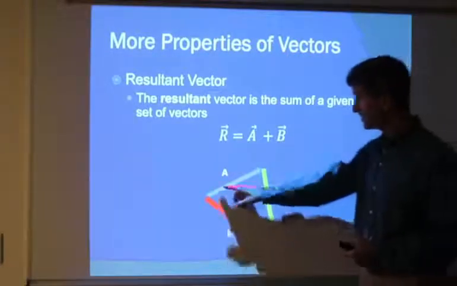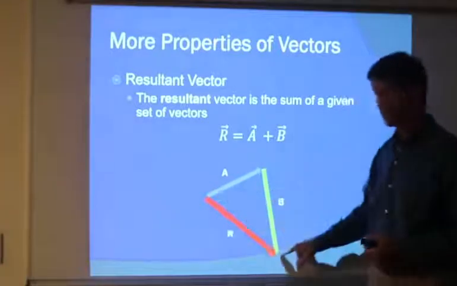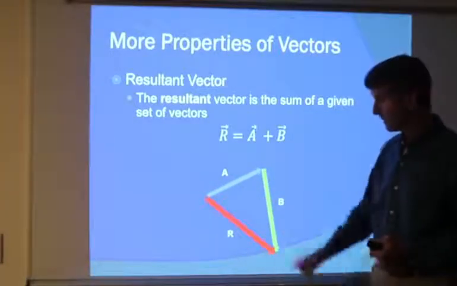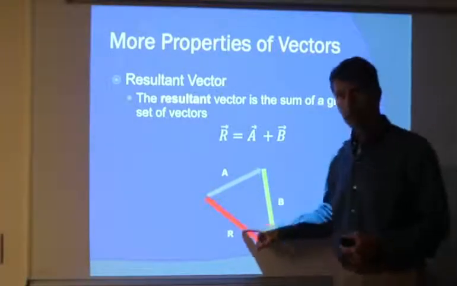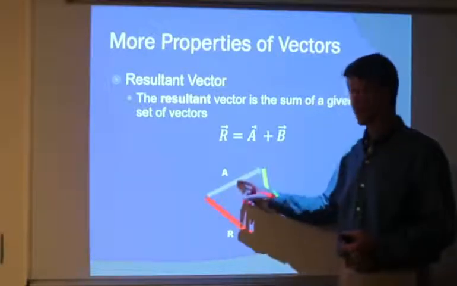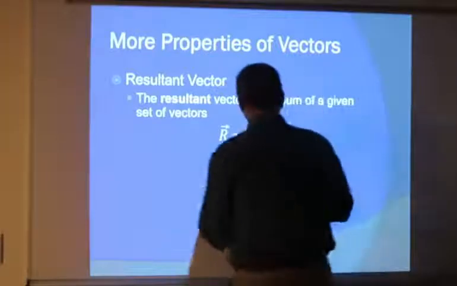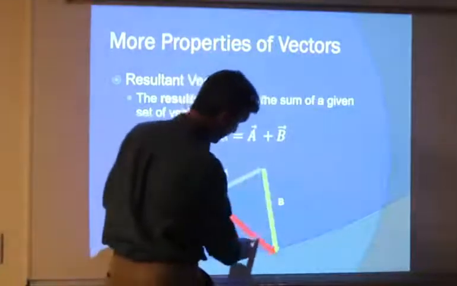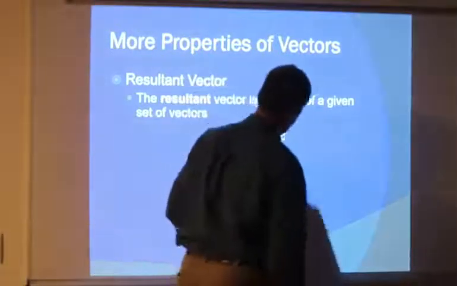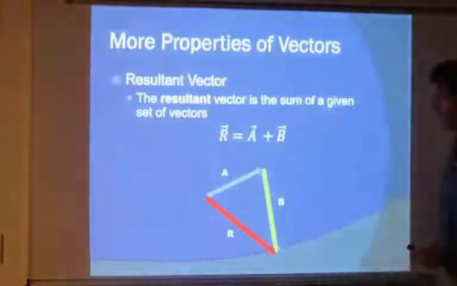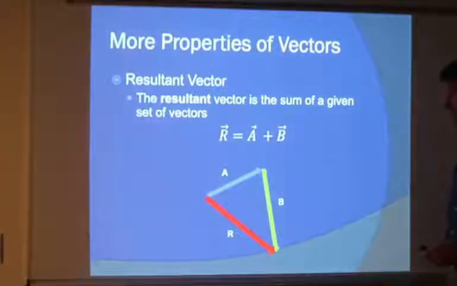So when I add these two, the length of A is not equal to the length of B. Okay? The magnitude of R is not going to be the magnitude of A plus B. You can clearly see that here. If I took A and I rotated here and then I put B with it, I would not get the total length of A.